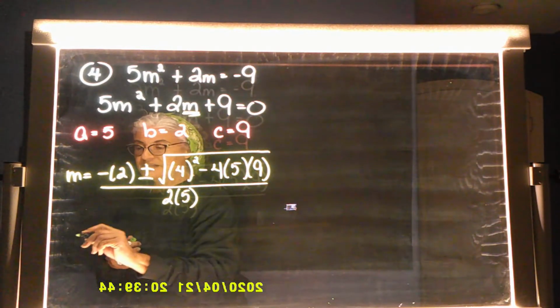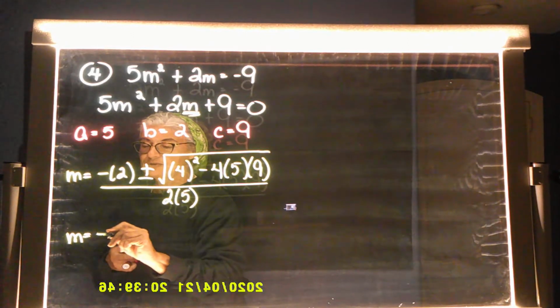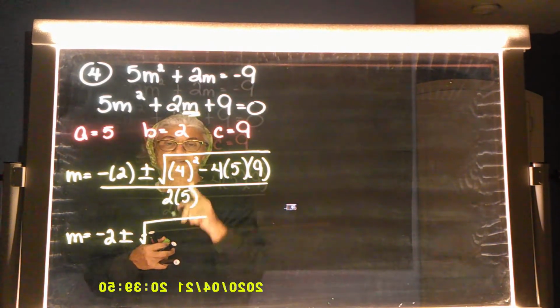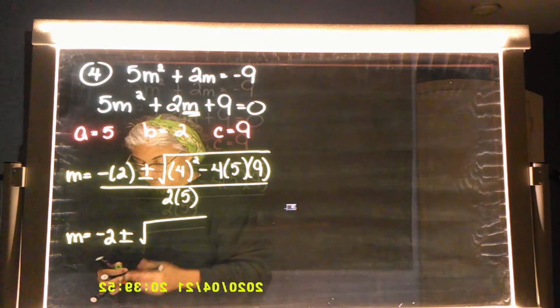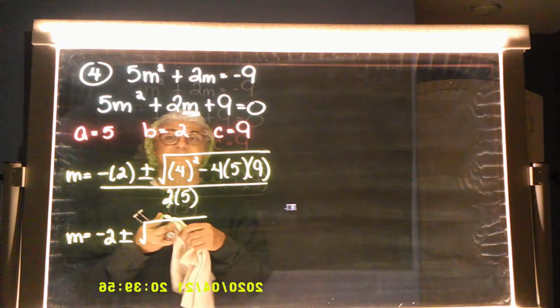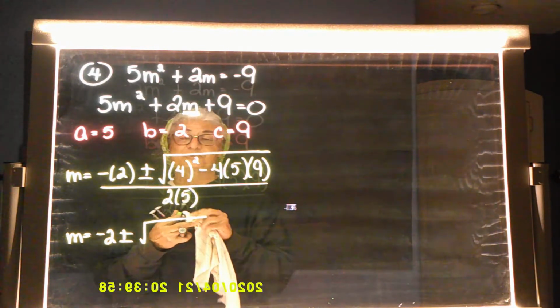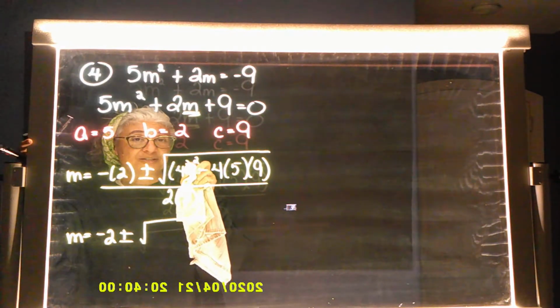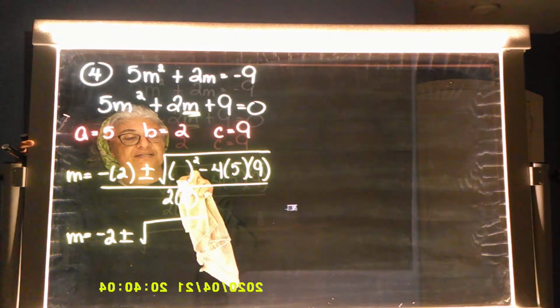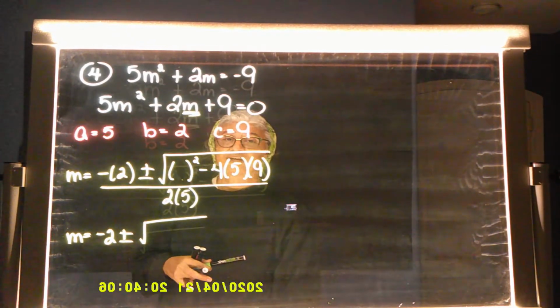Okay, let's keep simplifying. M is equal to a negative 2 plus or minus the square root of, whoops, you know, I was a little bit ahead of myself there, wasn't I? Because it's supposed to be B squared, isn't it? Well, B is what number in this case? Yeah, B is 2. My brain was already jumping ahead of itself.